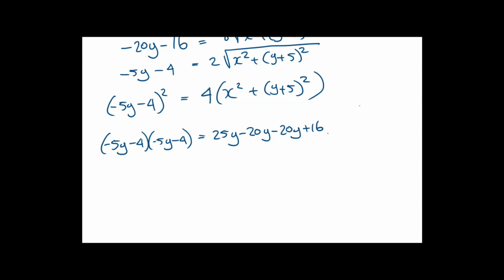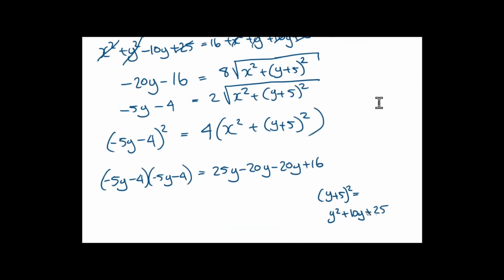And let's do the right-hand side. So we need (y plus 5) squared. Did that. It's going to be y squared plus 10y plus 25. Okay.